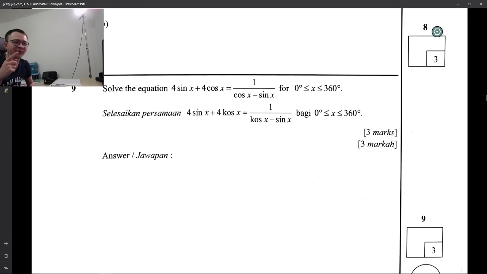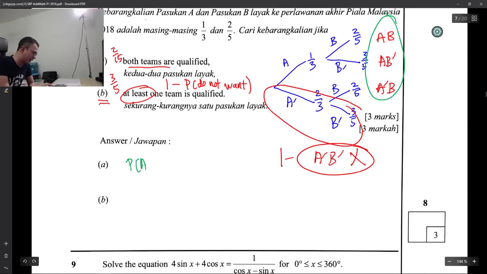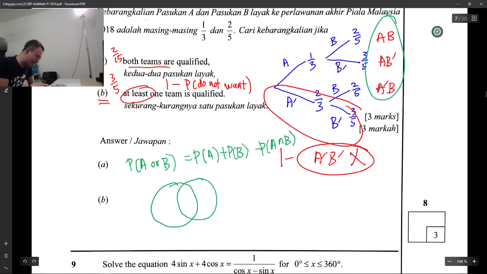For the formula over there, you need to understand when to actually use it. Probability of A or B is the probability A plus probability B minus probability A intercept B. We use this when A and B have an intercept, and the question wants to find A union B, meaning the whole thing.